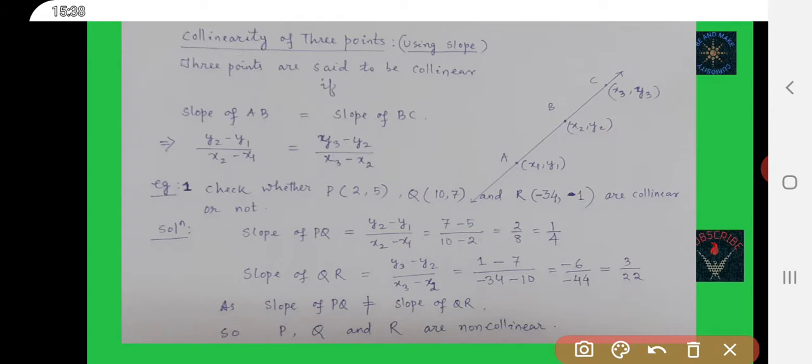So slope of PQ is not equal to slope of QR. So the points P, Q and R are not collinear points. That means P, Q and R are non-collinear points.